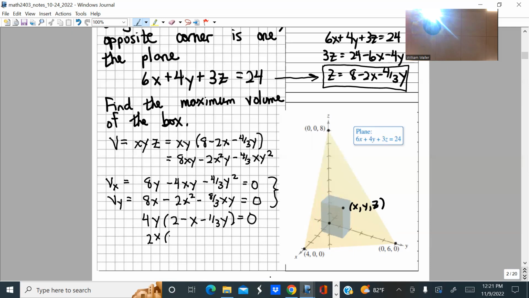Wish we could factor more than a 2, but just a 2 there. So we get 4 minus x again, and then here we factor out the 2, so that's minus 4/3 y equal 0. Am I doing that right?